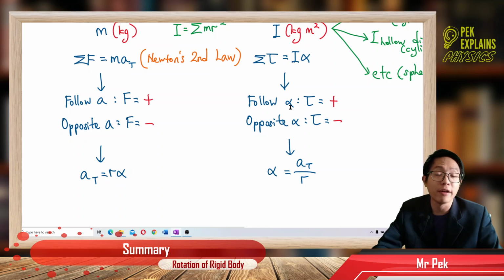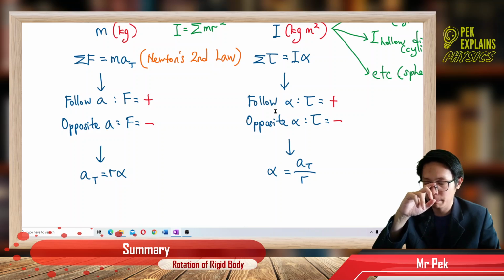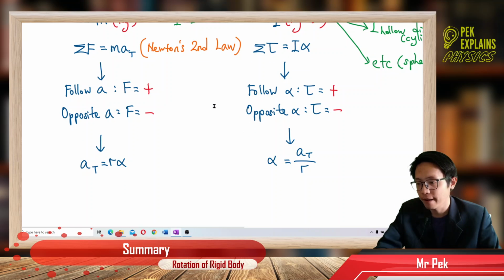The torque that follows alpha is actually the bigger torque, and the torque opposite alpha is the smaller torque. It's like big torque minus small torque. So same rules. I will use an example to discuss this later.